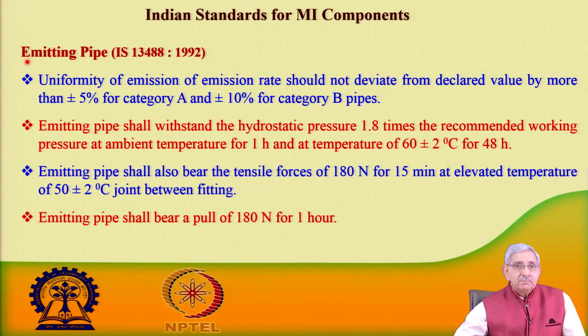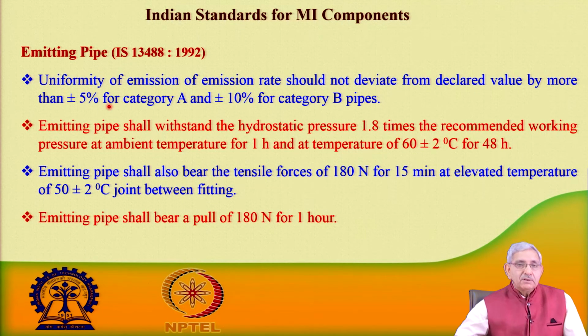So, emitting pipe, these are the lateral pipeline, but the pipe itself is emitting water. So, here also as per this particular code, for the emitters or emission pipeline, when you are collecting discharge, the discharge variation should be not more than plus minus 5%.